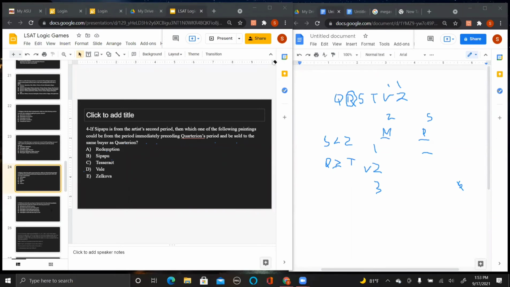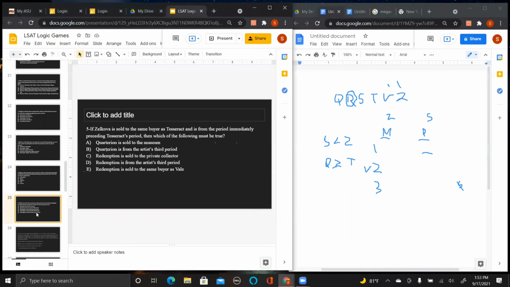All right, moving on to the last question for this one. If Zelkova is sold to the same buyer as Tesseract, and from the period immediately preceding Tesseract's period, then which of the following must be true? Okay.